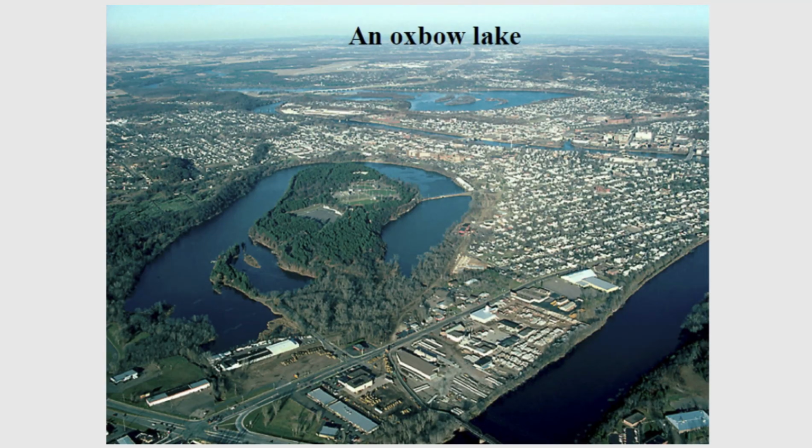So the question is, how can we form lakes like this, oxbow lakes? This is commonly called the process of cutoff of the loop of a meander. And so it's again related to the dynamics of the meander and the evolution of a meander system.